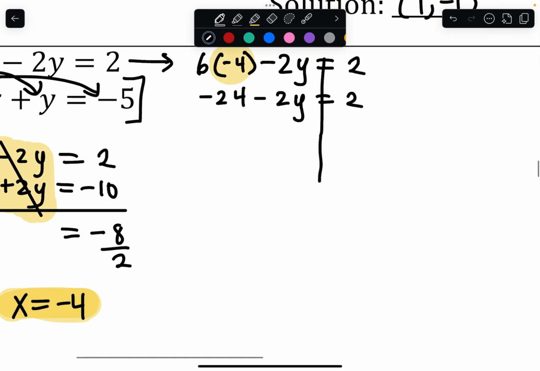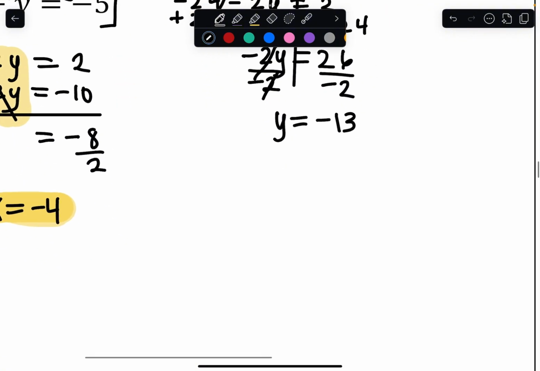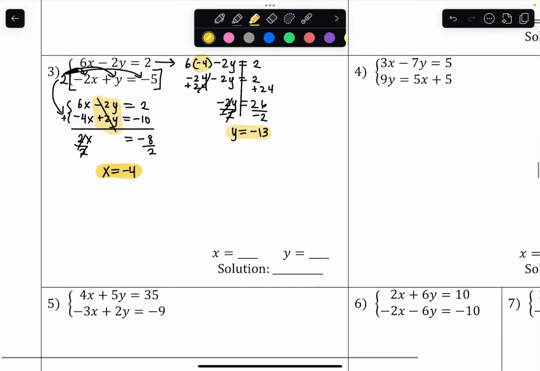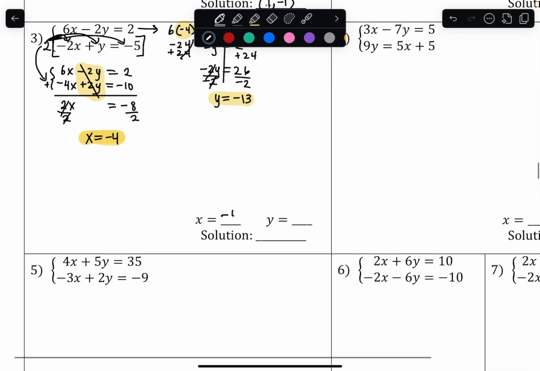I can now add 24 to both sides, giving me -2y equals 26. Divide both sides by -2, and we get y equals -13. So x is -4, y is -13. My solution is -4, -13.